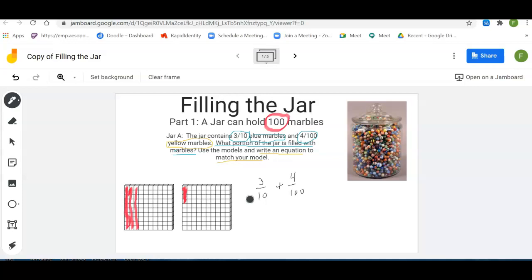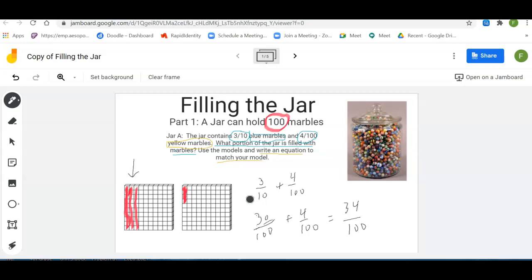Now, I already saw that this 3/10 over here is the same as 30 hundredths. I'm going to clean this up just a little bit so I can make that better. 30 hundredths plus 4 hundredths equals 34 hundredths. So that total is 34 hundredths.